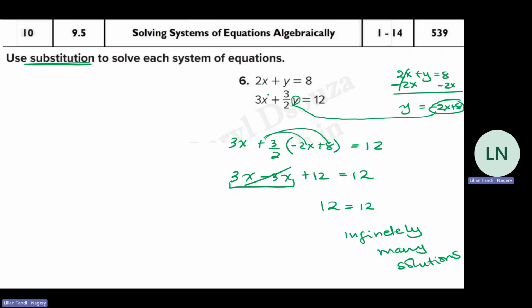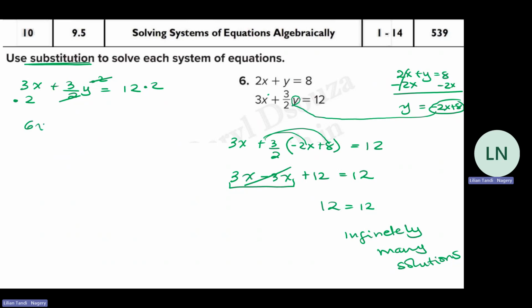Now I could have just multiplied. So I had 3x plus 3 over 2y equals 12. I could have just multiplied all my terms by 2. This 2 and this 2 go away.